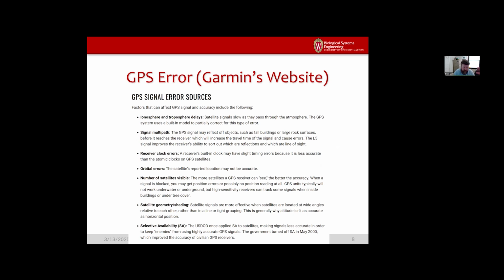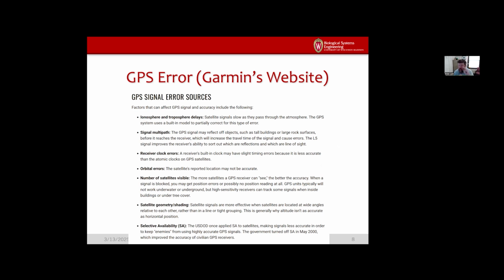And I think those two are what's called the signal multipath error, which is easiest to explain when you're in a city. I don't know if you've ever tried to use your GPS driving through downtown Madison or Chicago or, pick your poison, Milwaukee, whatever, and you're in between these big tall buildings. Well, you can see out enough to get a GPS signal. But what's actually happening is the signal's coming down and it's not coming straight to your receiver.